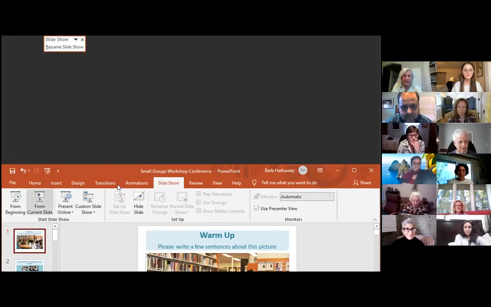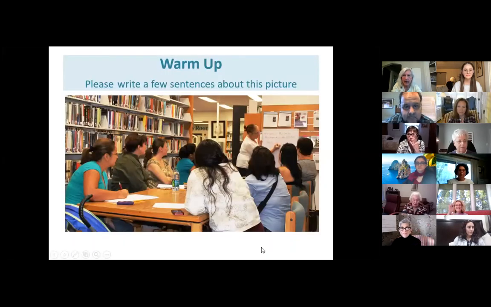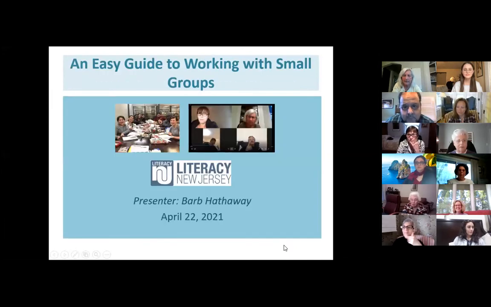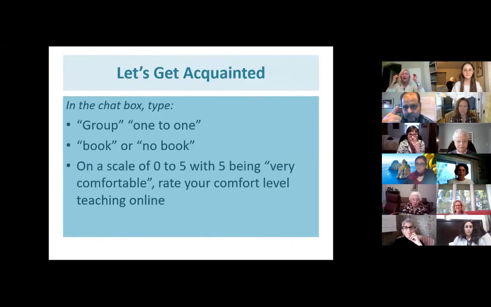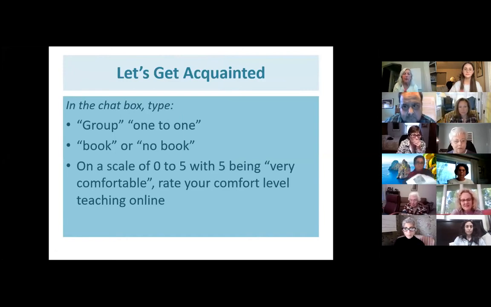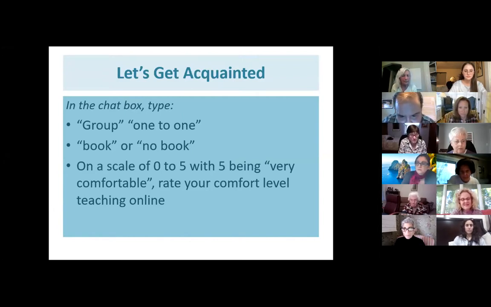Give me a second to get my stuff together. Okay, can everybody see okay? Okay, so what I'd like you to do is I just want to find out who's working with groups, who's working one-on-one right now. So in the chat box, I'd like you to put 3 things, whether you work with a group or one-to-one, if you're using a textbook of some sort or not, and on a scale of 0 to 5, with 5 being very comfortable, tell me your comfort level teaching online.